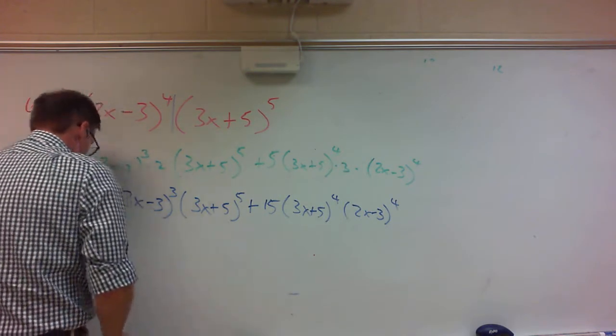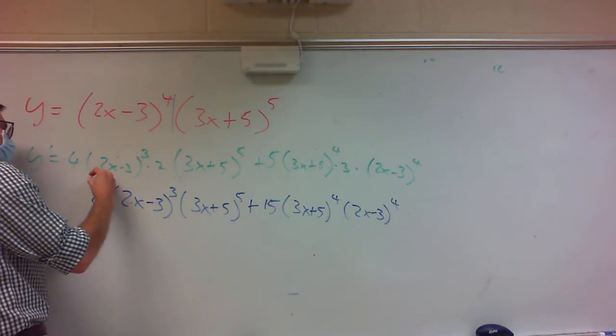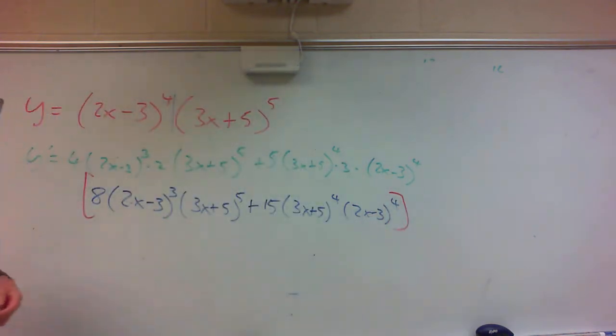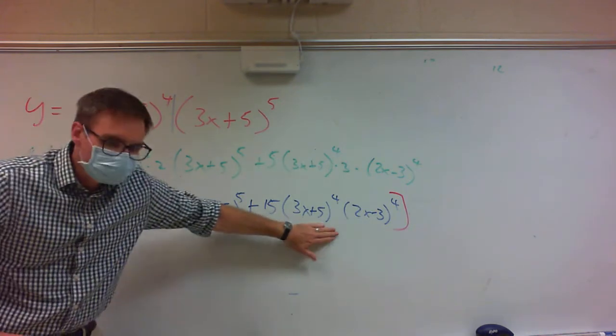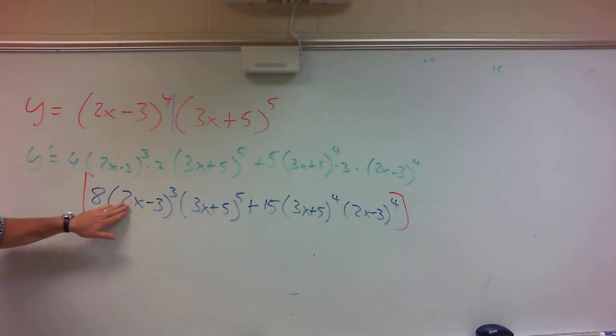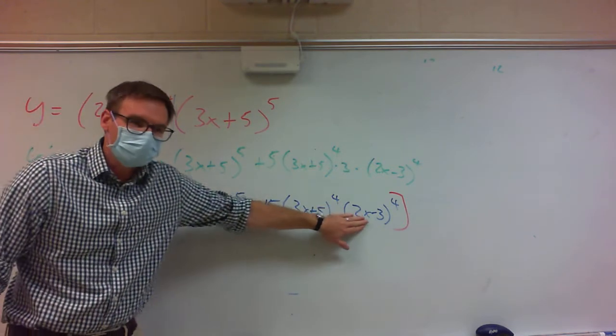All right, and here's the trick. The trick is you ask yourself what's in common. I have 2 terms. In this term, I see that I have, in this term, I see that I have a 2x minus 3. Everybody see that?